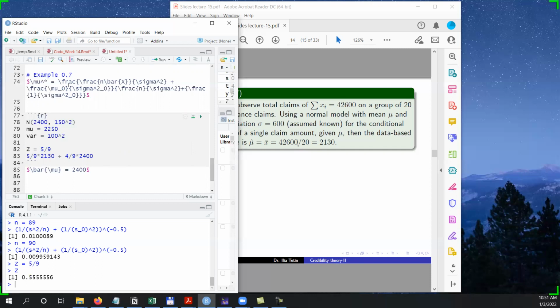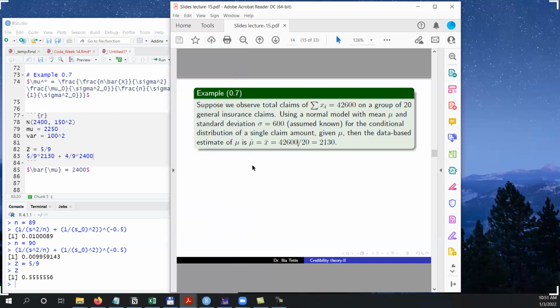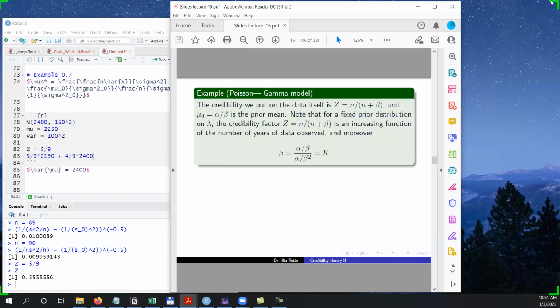So we have this weight attached. And if we adopt some different normal distribution and we obtain not the 2400 and 150, and if we change that to 250 as the prior, we will have different value of mu, and we will have different values of Z. Okay, so this is quite hard. Don't pay attention to this example. Okay, so let's move on.